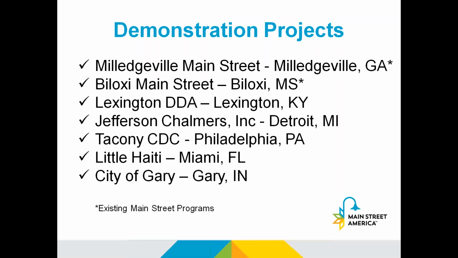And one of the other cool things is that out of these 7 programs that have been selected out of 9 communities across the country, only 2 of them are existing programs. So they're seeing how this new Main Street approach with these community transformation strategies, moving away from the committee structure, is going to work in 5 of these communities that are setting up programs, and then how it's working in 2 of these existing communities that already have programs.